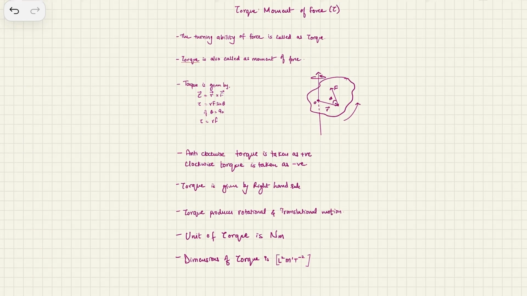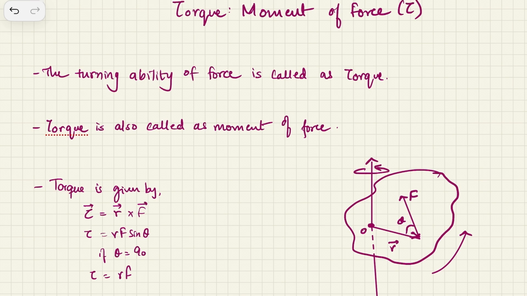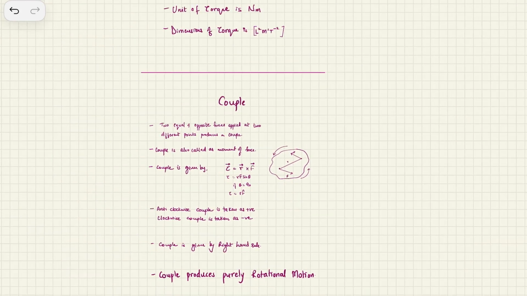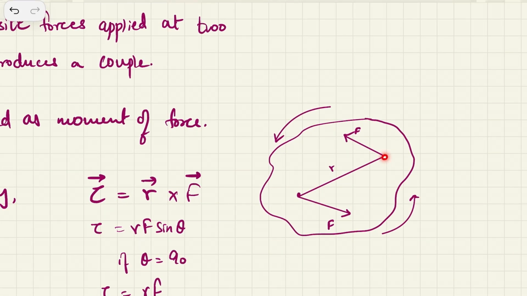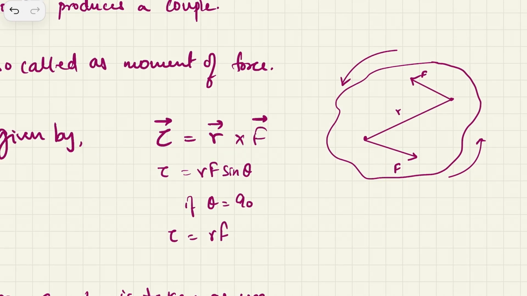But in torque, there is only a single force, and the distance from the axis of rotation to the point of application of force is r. When we study couple, the distance between the two forces is r, and F is either one of the forces because they are equal.